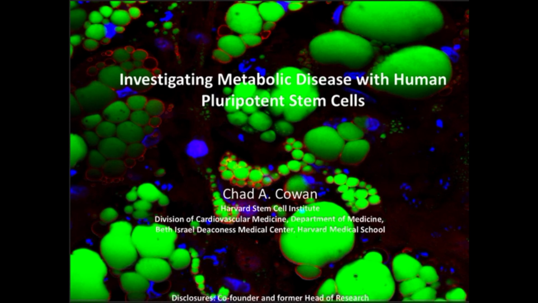He has done some work on the Framingham heart study where he's taken peripheral blood samples from participants in the Framingham heart study, converted them to iPSCs, and then differentiated them into various cell types and identified functional importance of genetic variants that were identified in genome-wide association studies. So welcome.